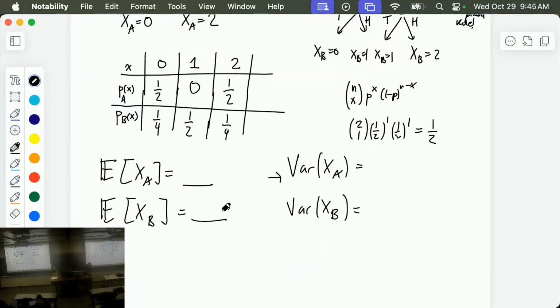And the thing you do if you have a little table like this is you can calculate. You take the probability and you multiply it by the value, and you take the probability and you multiply it by the value, and you add these all up. In Excel, there's a function called sum product. That's what we're doing.